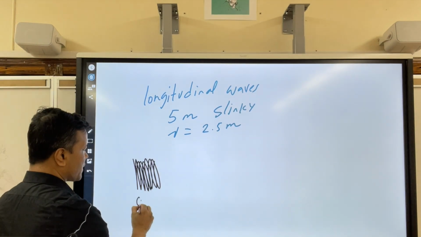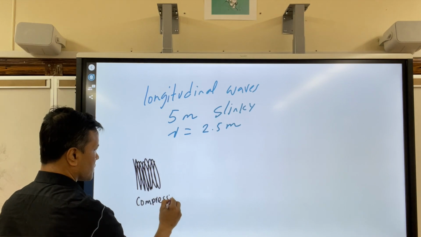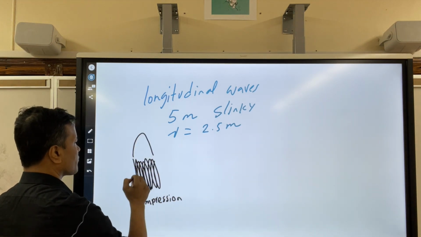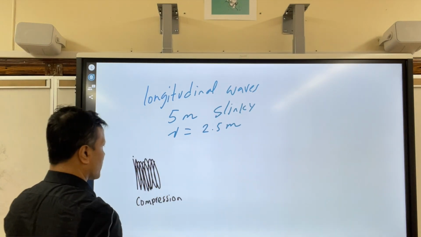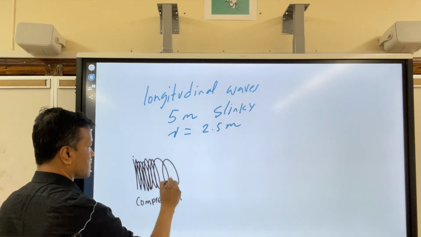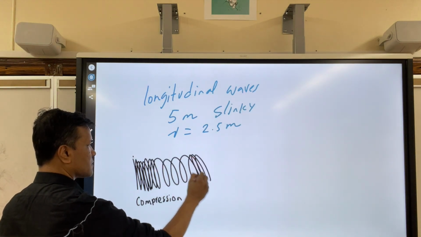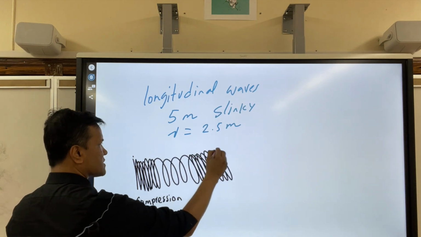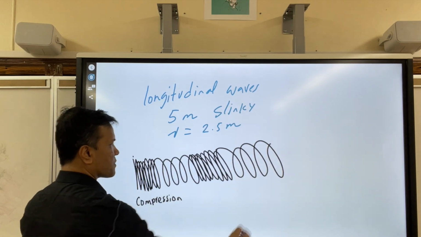This is called compression. Later I'm going to draw the transverse wave on top of this one. And this is rarefaction. And this is compression again. And this is rarefaction again. And this is compression again.